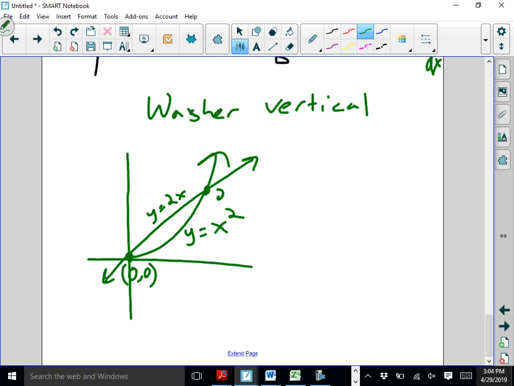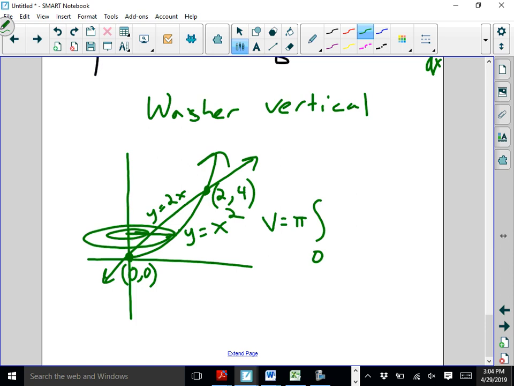Let's say I'm now revolving this around the y-axis. Well, now I'm stacking these washers from bottom to top. My big radius is going to tie to my right function. My little radius is going to tie to my left function. But remember, I always have to make two switches. My volume is going to be pi integral. Instead of doing left to right, 0 to 2, I must do bottom to top, 0 to 4.